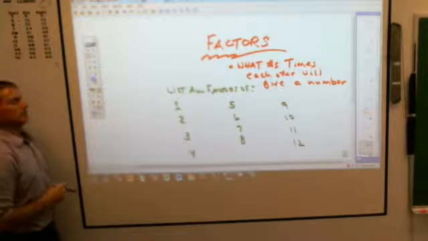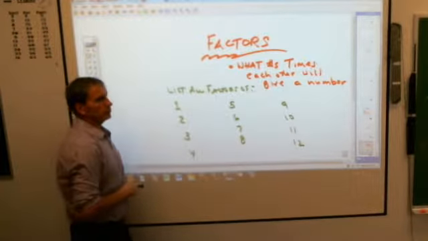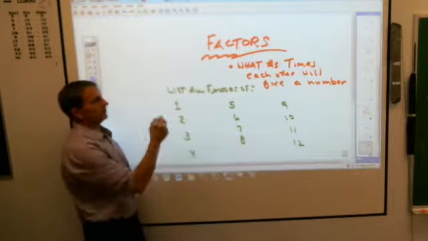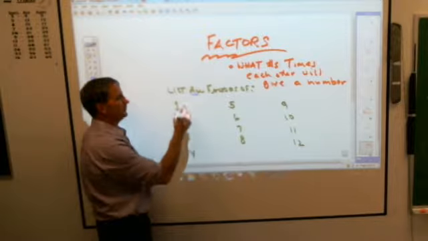And what I'm asking you is, what numbers would you multiply together to get that number? And if you're listing all factors, you have to give all combinations.